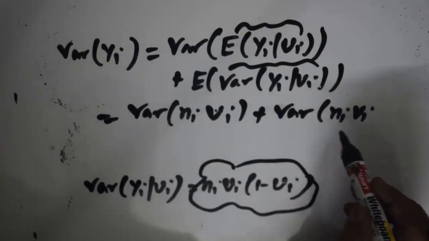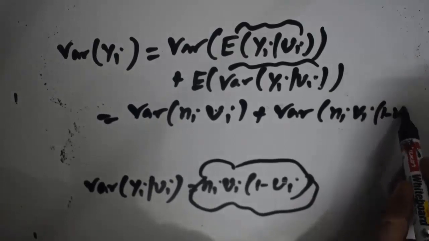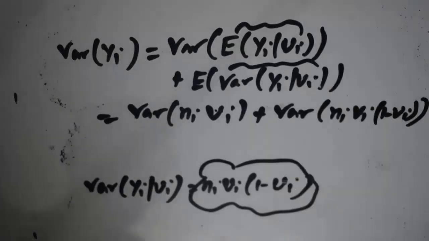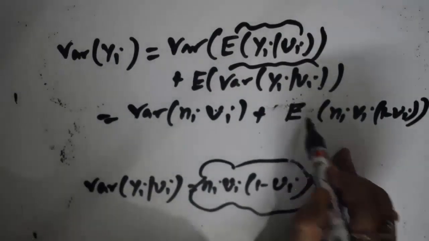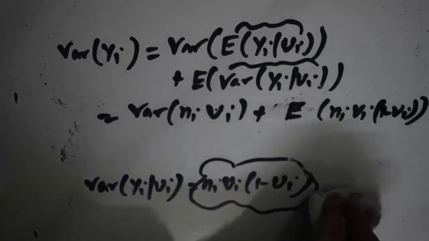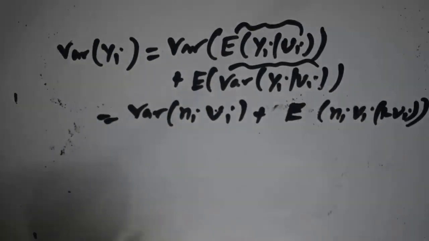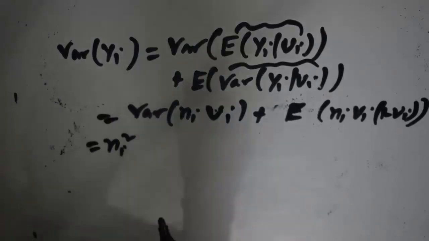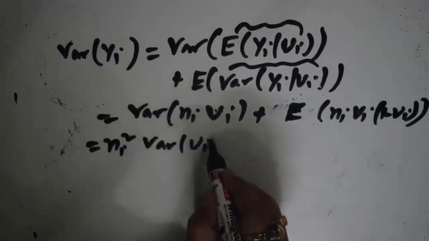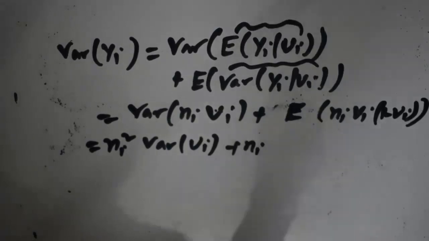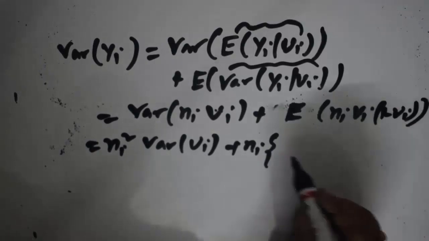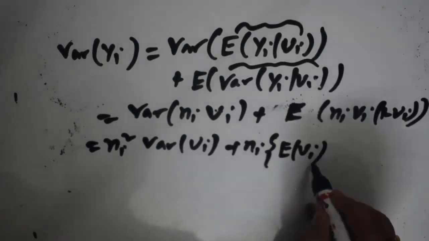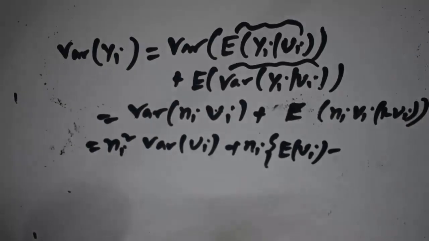So this is equal to Ni square times the variance of Vi plus Ni times the expectation of Vi minus Vi square. The expectation of Vi square is the variance of Vi plus the square of the expectation of Vi.